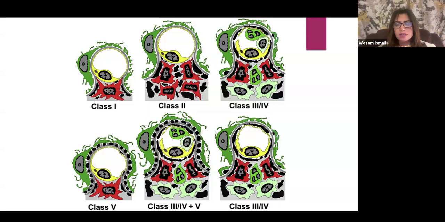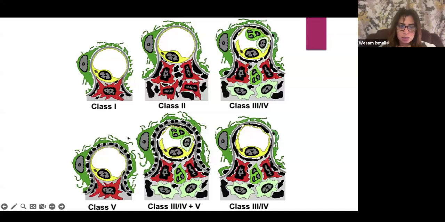Most of the glomeruli have subendothelial deposits, irrelevant of whether we have some mesangial deposits or some subepithelial deposits. Still, the dominant site of the deposits is subendothelial. So this is proliferative lupus. Whether 3 or 4 depends on the percentage of glomeruli affected, whether it's less than 50% or more than 50%.